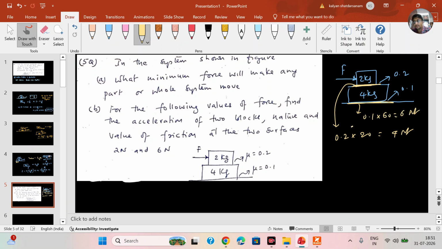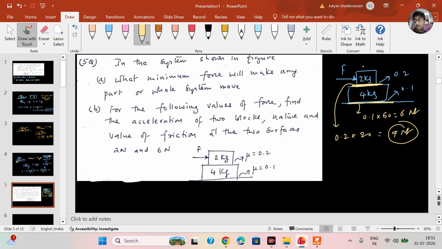So among these two forces, which will come first? 4 Newton comes first, because if you start increasing the force, first you apply 0.5 Newton, nothing moves because nowhere has the bond broken. Then you apply 1 Newton, again nothing moves. 2 Newton, 3 Newton, 4 Newton. When you reach 4, this bond is ready to break at least.